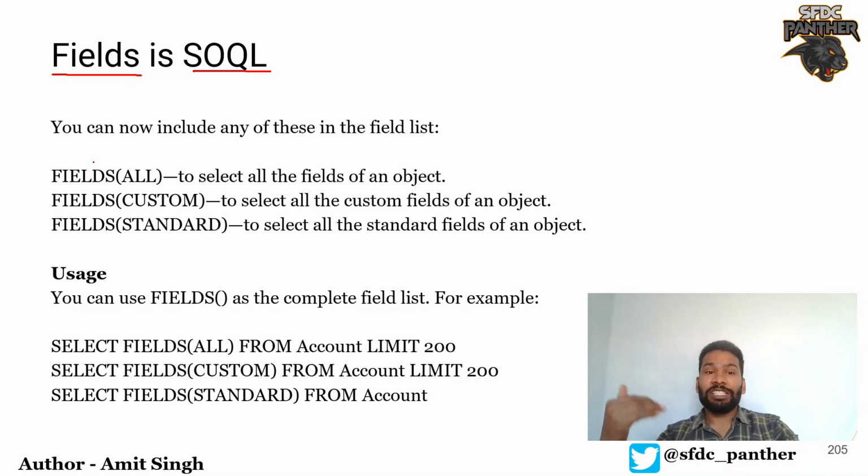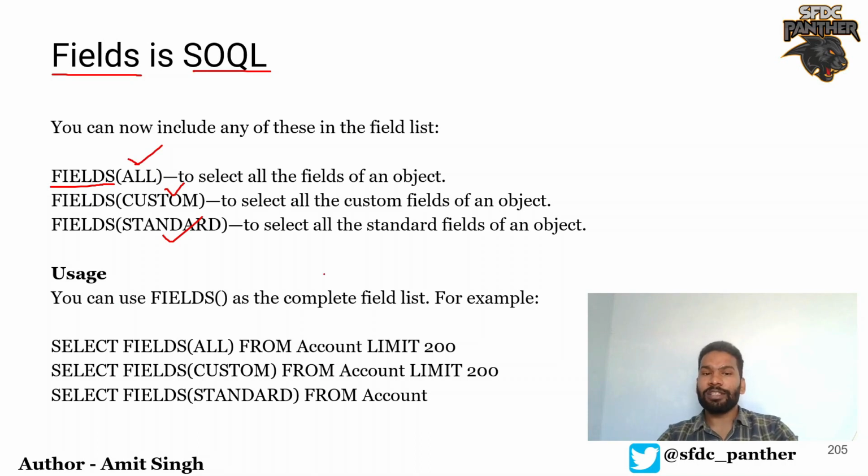After Spring 21, Salesforce has released a very important method called fields. It accepts one parameter, and the possible values are all, custom and standard. If we pass all inside this method, it takes all the fields related to the object, for example account, and returns the records.